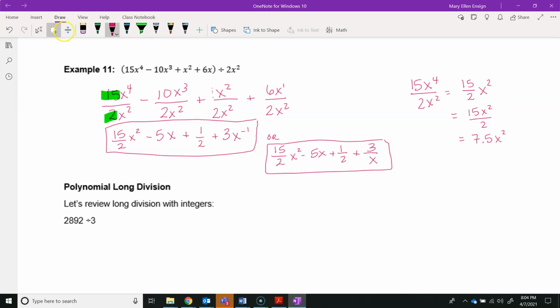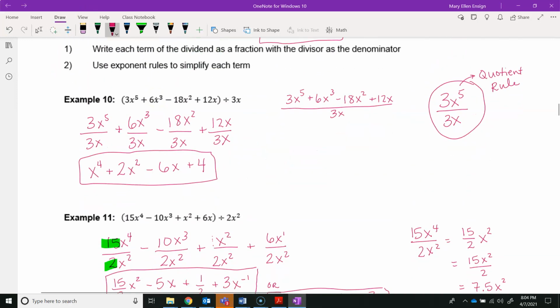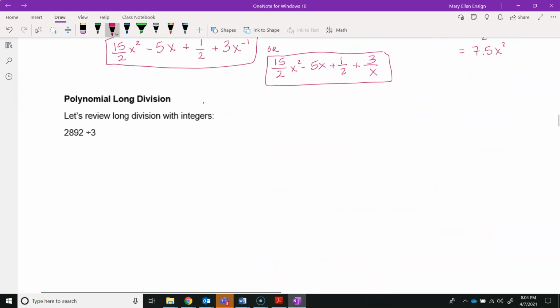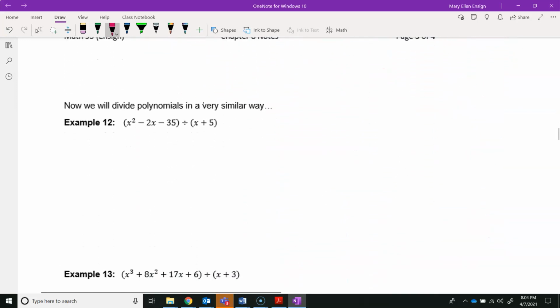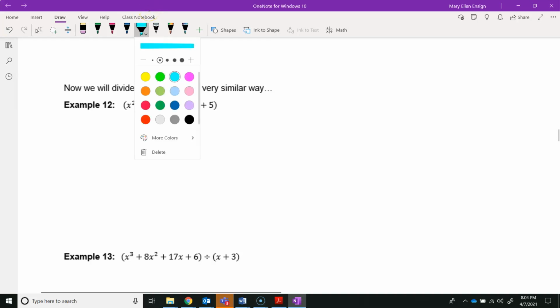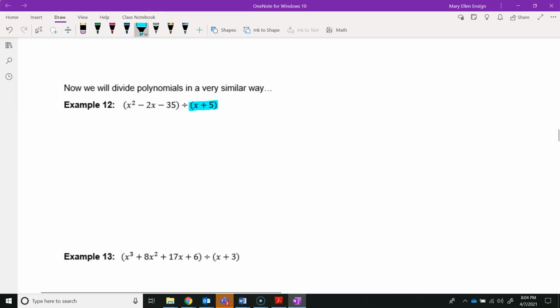Okay, so we set it up like this when we are dividing by a monomial, dividing by something that just has one term. We can write it like this. Now, when we have a situation where what we're dividing by, our divisor, is more than one term, so if we look at example 12 down here, my divisor has more than one term.